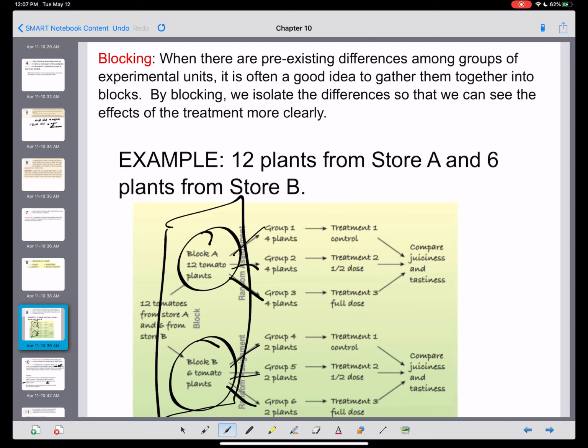If I'm doing an experiment on the class, a blocking I could use is males versus females, and I could run the male experiment separately from the female experiment, because that allows me to really focus on that one variable, that one property, like, oh, males have this property, or females do this better, and so on and so forth.